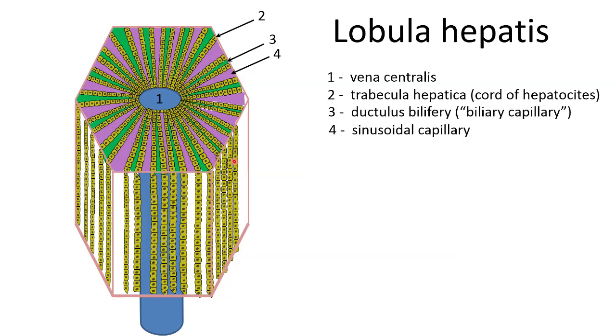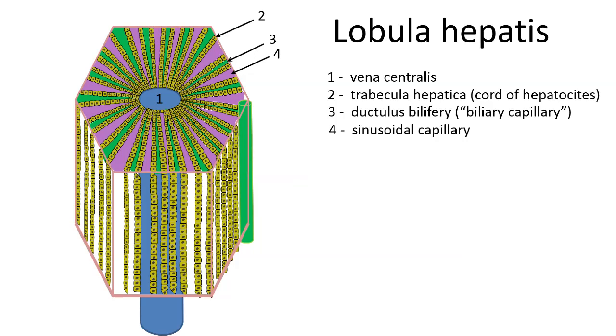Now, what about vessels? One of them, the vena centralis, is in the center of the lobule, but at the periphery, this is the shape of a hexagonal prism.